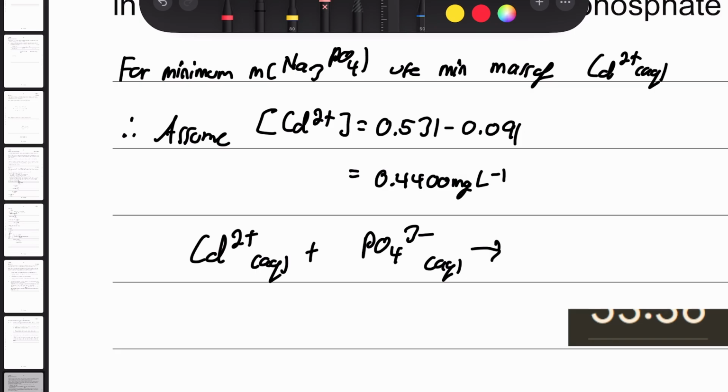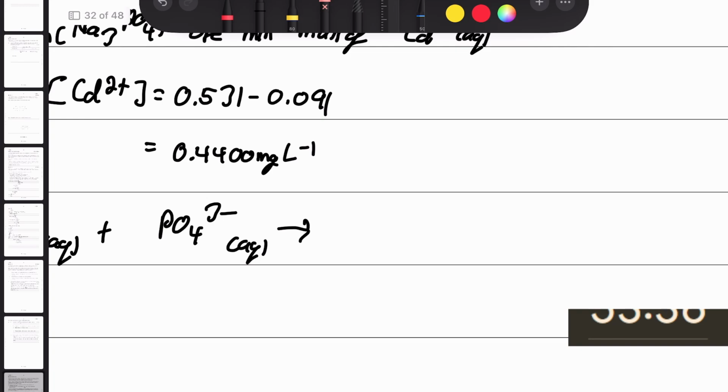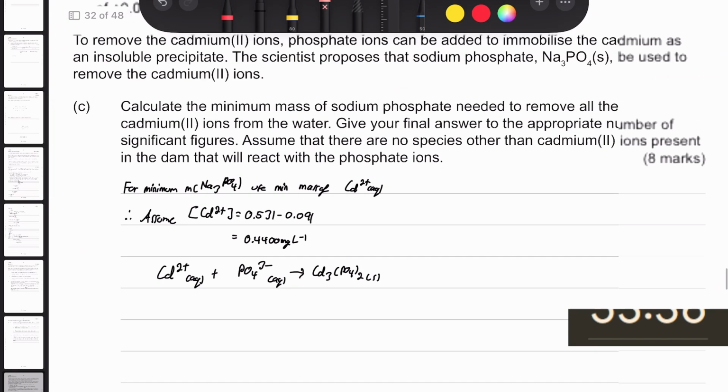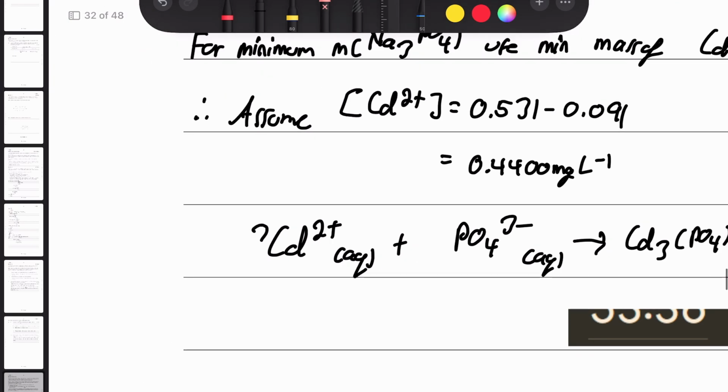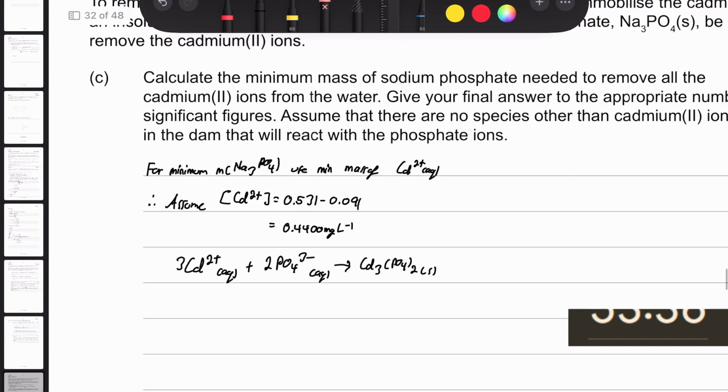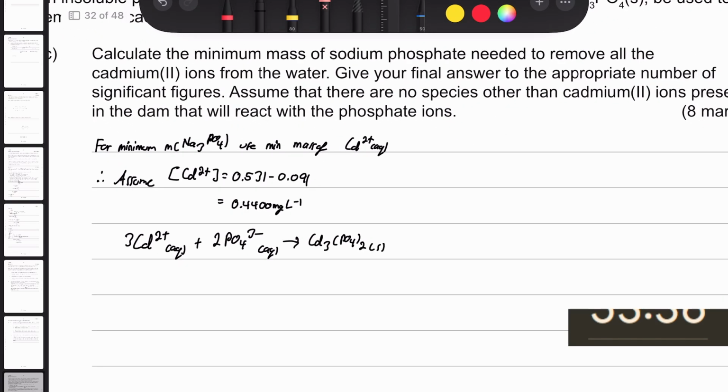Let me just make sure of the phosphate. Yeah, okay, so this is going to become Cd3(PO4)2 solid. So I'm going to need 3 cadmiums and 2 phosphates, so that's going to be my equation.